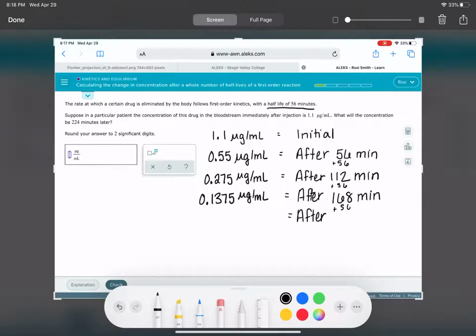After another 56 minutes, we're going to be at 224. So this is where we are trying to get to. We're going to divide in half again. 0.1375 divided in half one more time is 0.06875 micrograms per milliliter. To 2 sig figs, we're looking for 0.069.